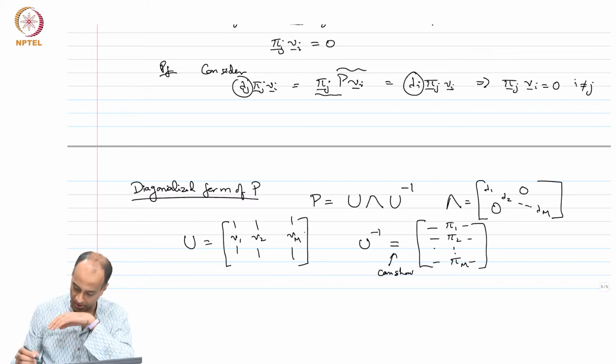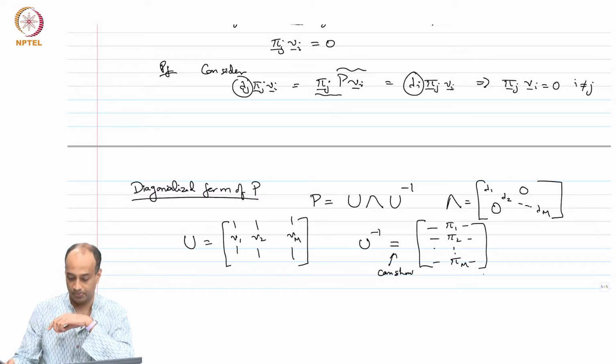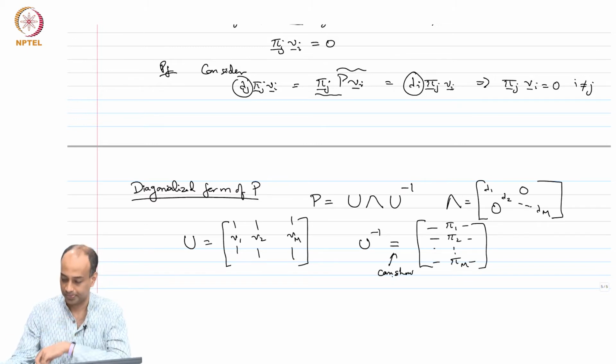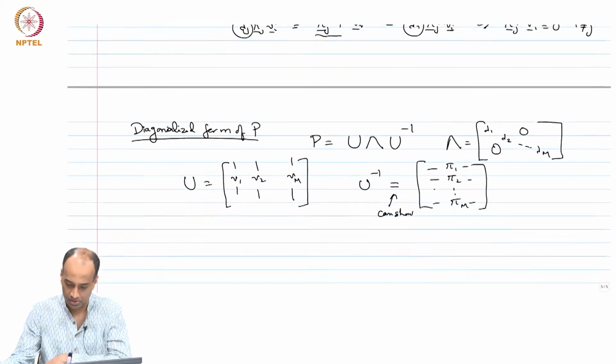I made a mistake earlier, these are the eigenvectors, so I should be writing nu. From that you can prove that the structure of U inverse is like this, right. This is using the lemma above. Okay. So, this is great.